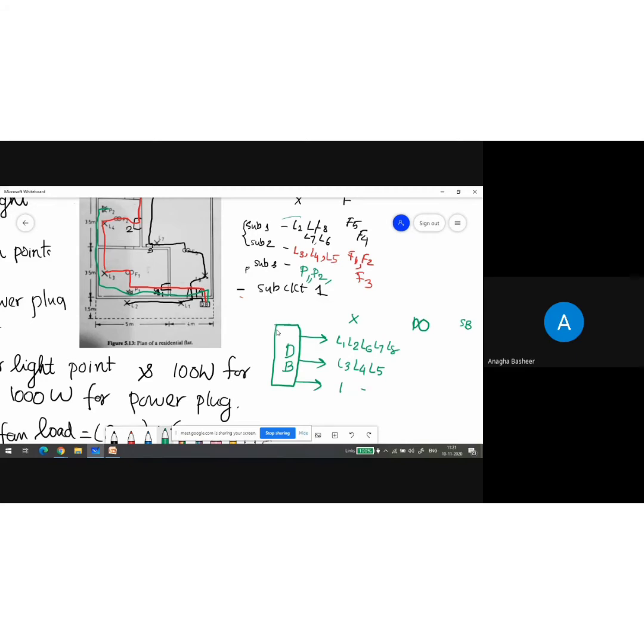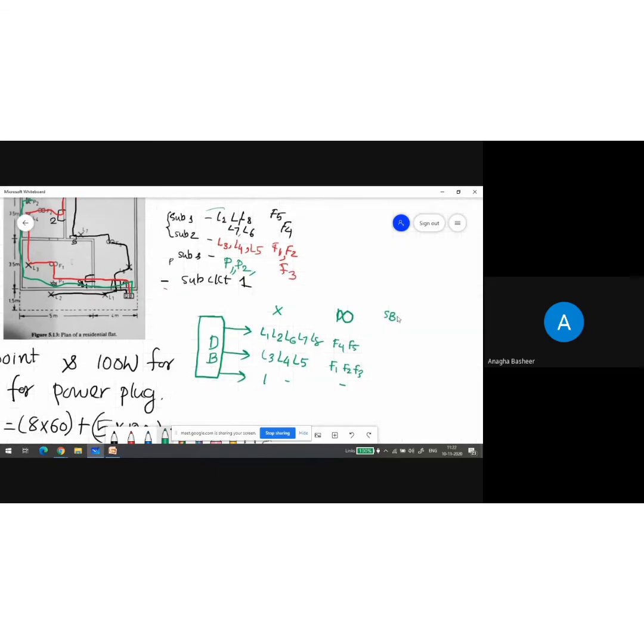Here no lights are there, no fans are there. For this, fans F4 and F5. Here F1, F2, F3. Here the power plug also I have to represent because one is the power subcircuit. So these two are not there, but P1 and P2 are there for subcircuit 3.